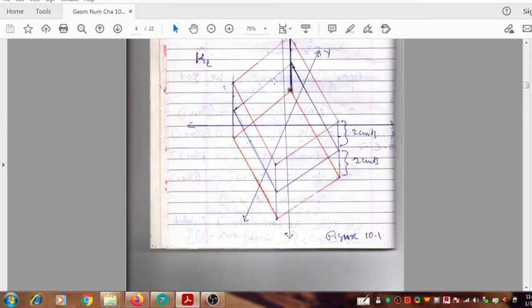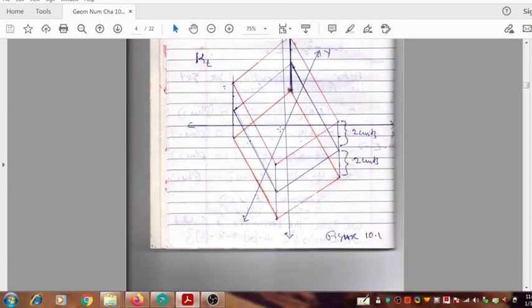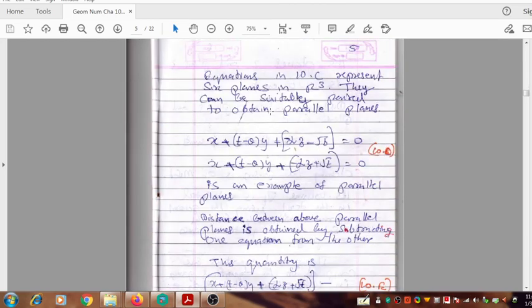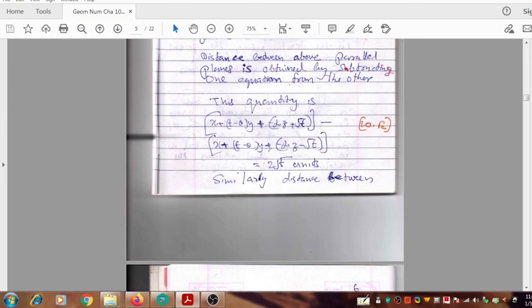Applying that procedure, you can see that the distance between the two opposite planes is 2 times root t.